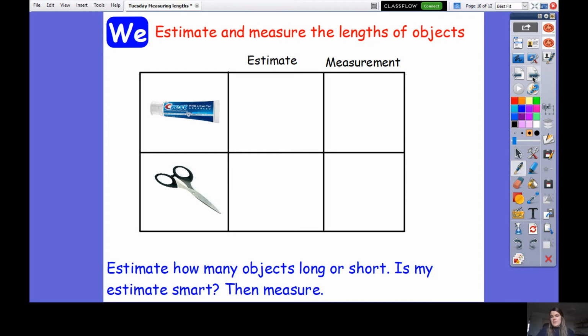Okay. This time you're going to make both estimates. I want to hear your estimates for both of these. And what you're going to do on your piece of paper is write down your estimate for the toothpaste and your estimate for the scissors. I'm going to hold them up and you're going to put me on pause. You can either draw them very quickly, and I want you to write a number next to it with how many cubes you think it's going to be.